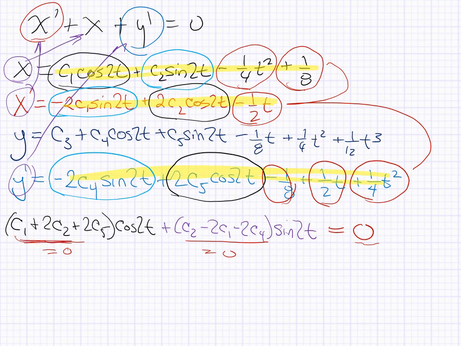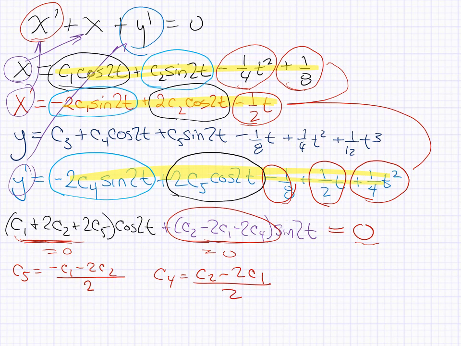We could say that C5 equals negative C1 minus 2C2 over 2. And this one we can solve for C4: C2 minus 2C1 over 2 equals C4. What that gives us is that we can get rid of C5 and C4, writing in terms of C1 and C2.